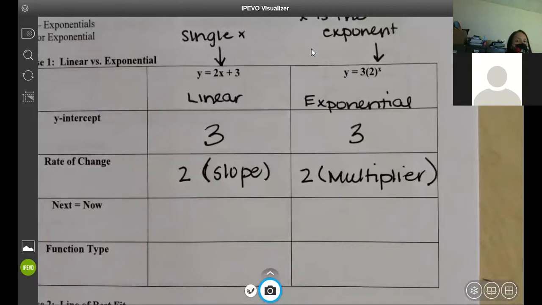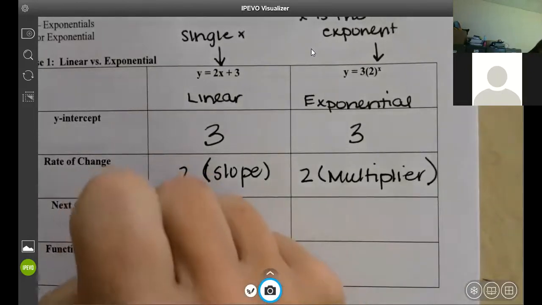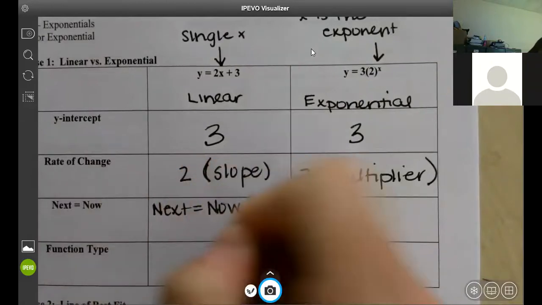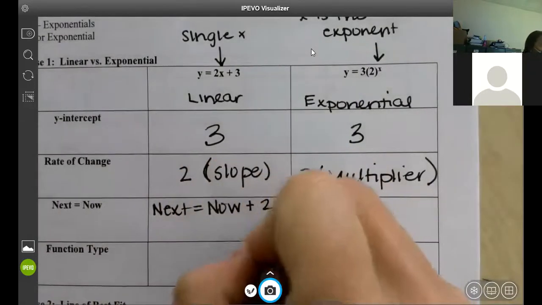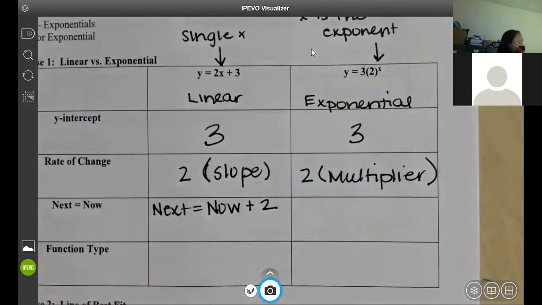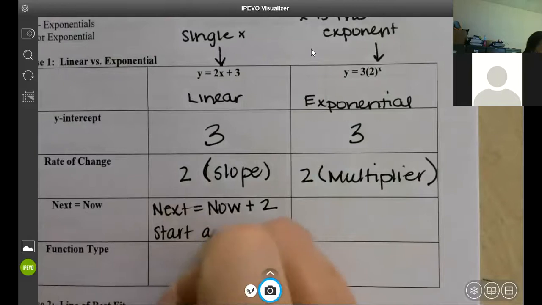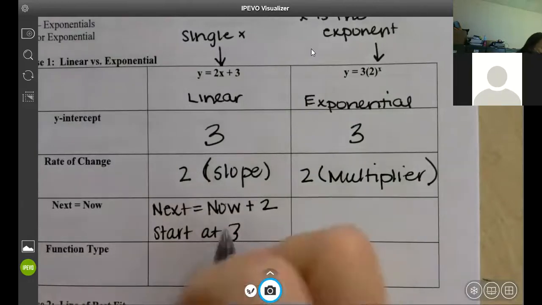If I write linear as a next-now, this one is going to be next equals now. We're always adding, and our rate of change is 2. We're adding 2. We started at 3.